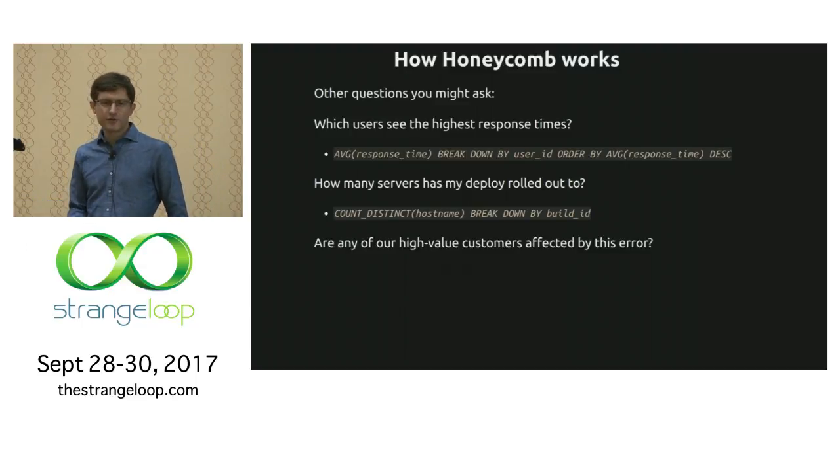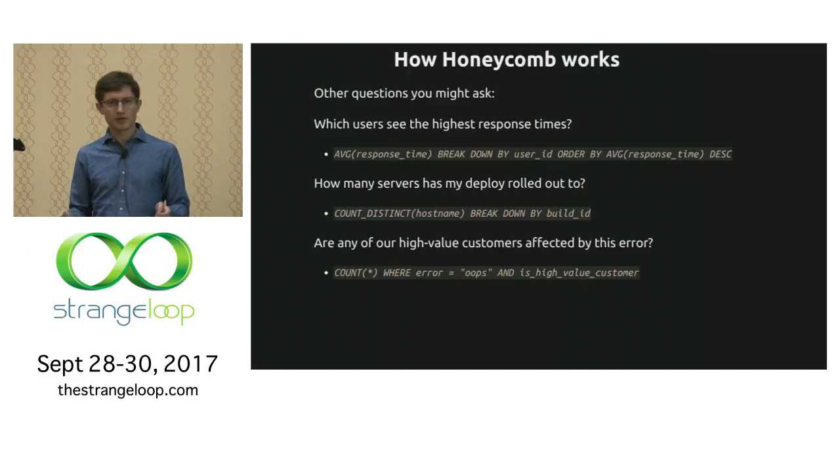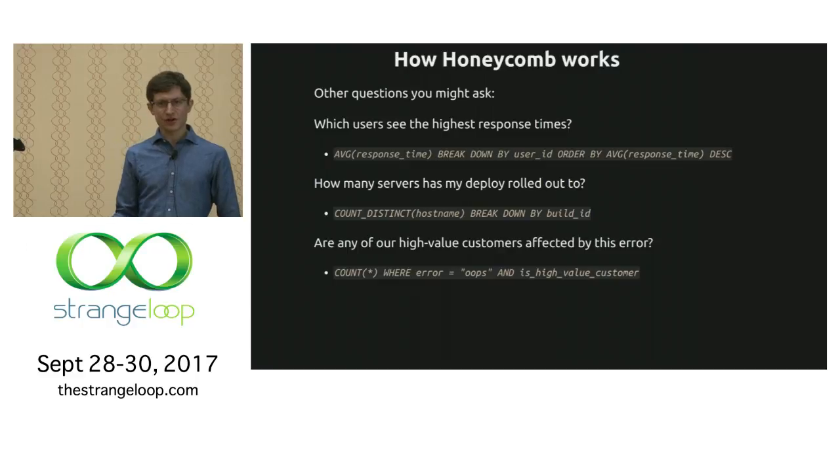What about for all of our customers who are on our most expensive pricing plan? Are any of them affected by this error we've just been troubleshooting? And the idea there is, at the point when you're sending us an event, maybe you're consuming some logs, maybe you've instrumented your code, but the person who's doing that work doesn't want to care about which customer is high value.